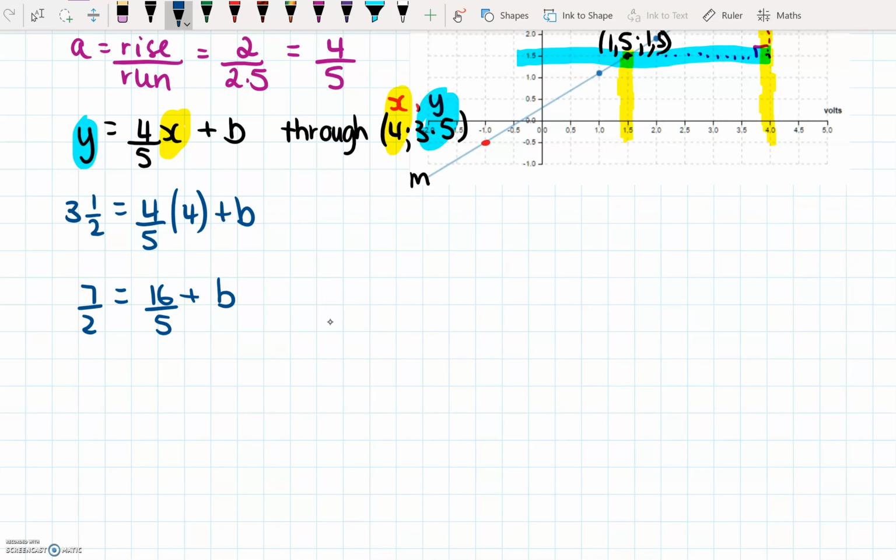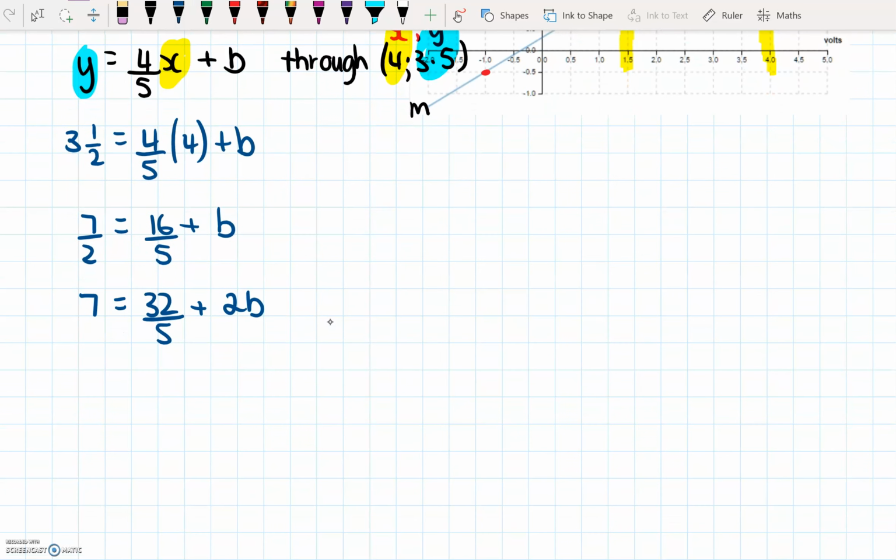To make this easier, we can multiply everything by these denominators to get rid of them. If we multiply everything by 2, the 2 will go away. So let's try that. Multiply everything by 2, and we get 7 is equal to 16 times 2 is 32/5 plus, oops, we didn't multiply by 2, 2b.